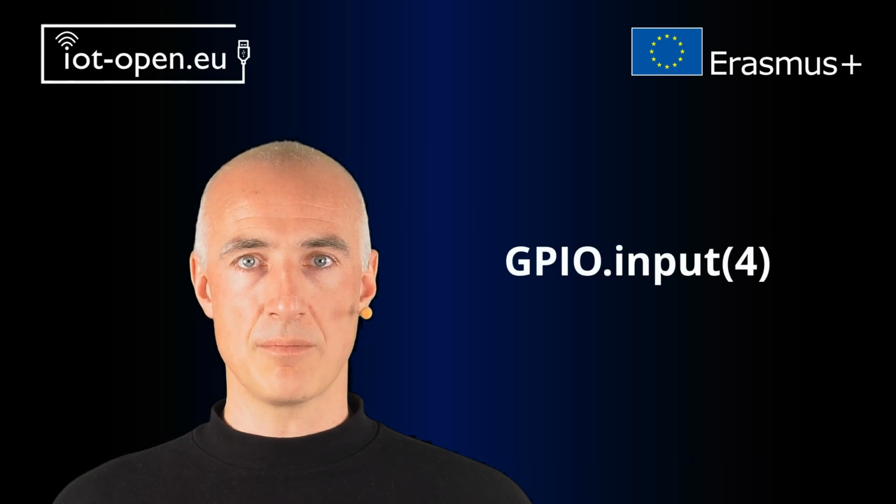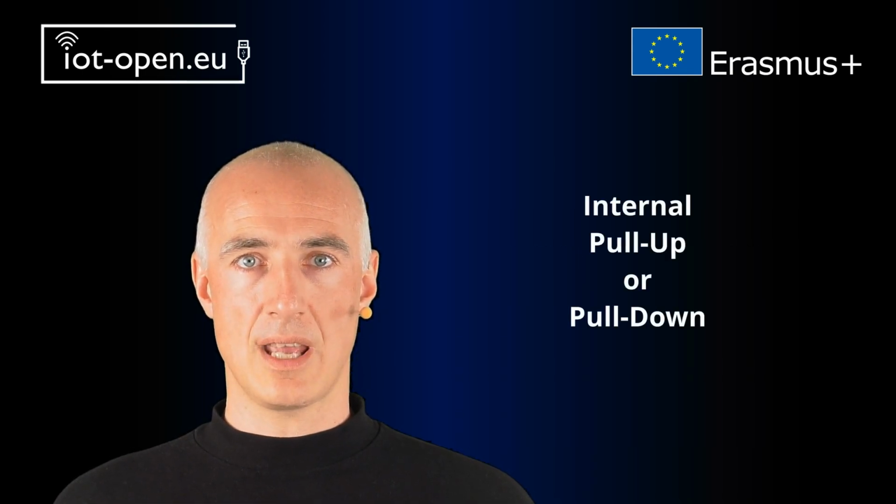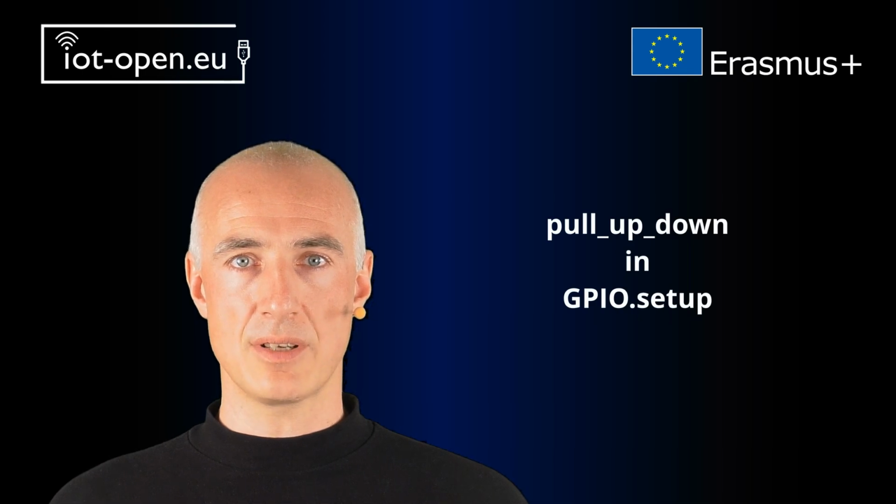On Raspberry Pi, GPIO pins are normally pulled up to 3.3 volts. When the button is pressed and GPIO4 is read using GPIO.input, it will return the false result. Each GPIO pin can be configured to use an internal pull-up or pull-down resistor. When using a GPIO pin as an input, these resistors can be configured using the optional pull_up_down parameter in the GPIO.setup function.